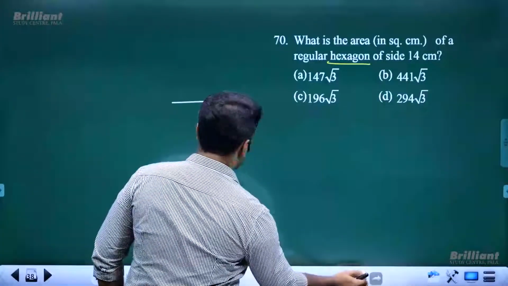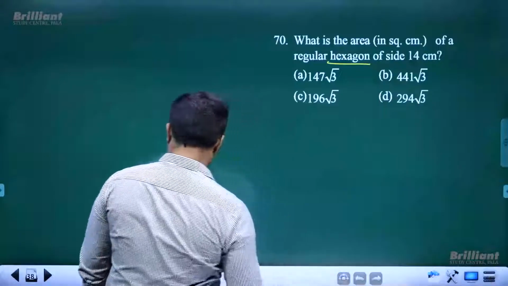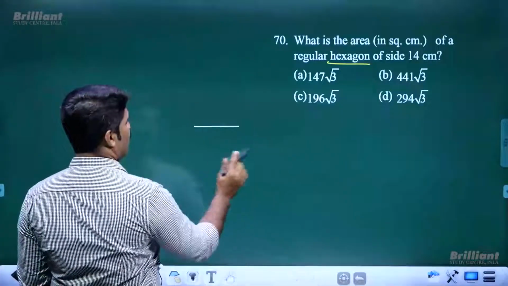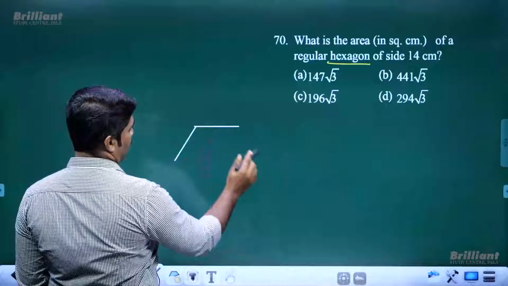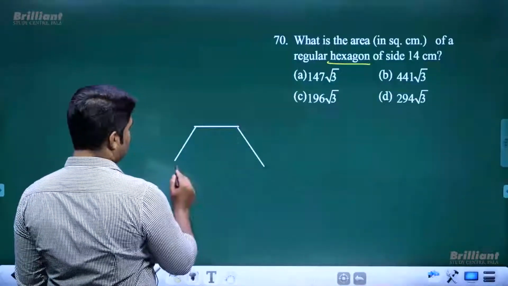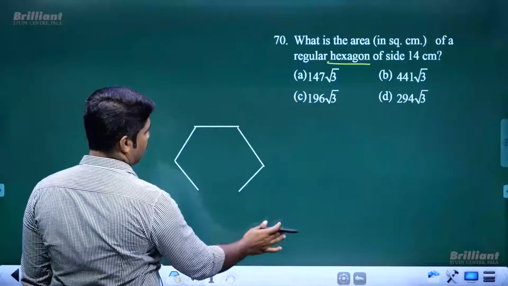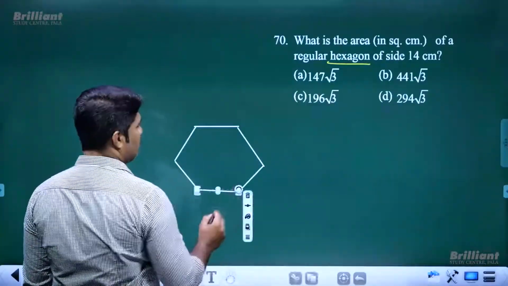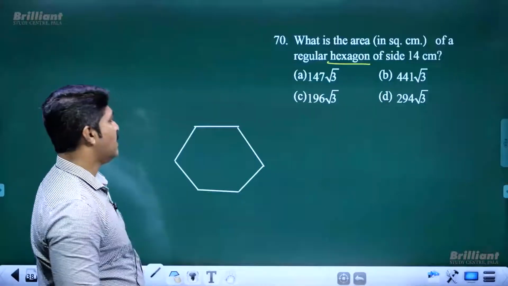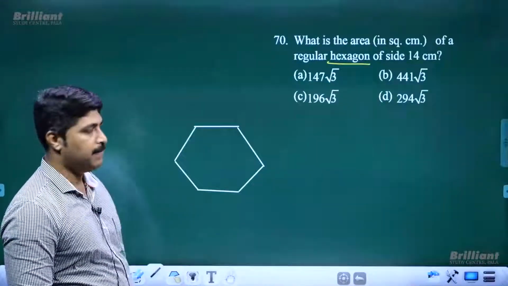So if it is a regular hexagon, we can draw it. It has 6 sides in total.